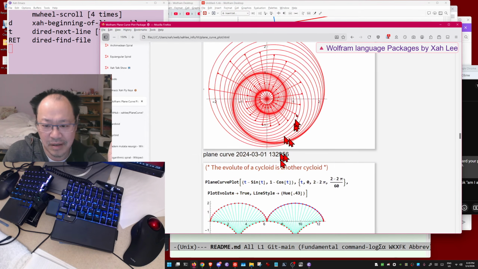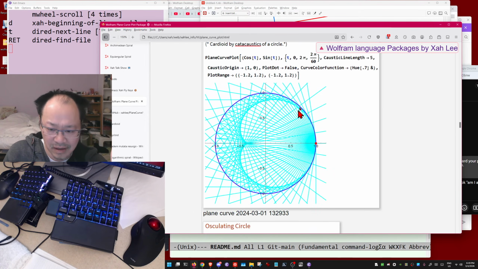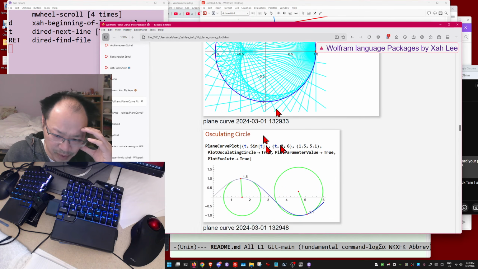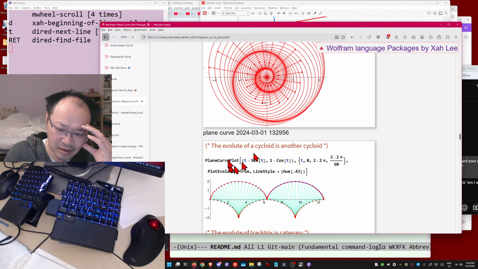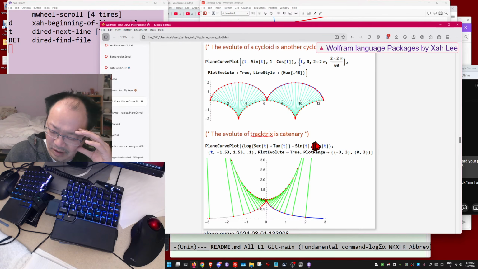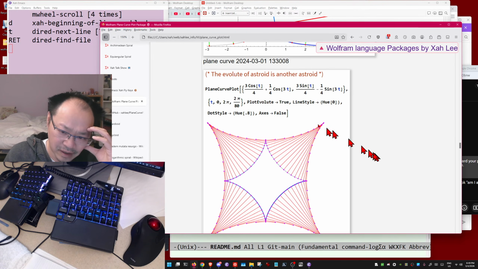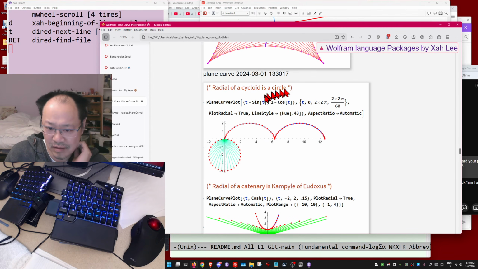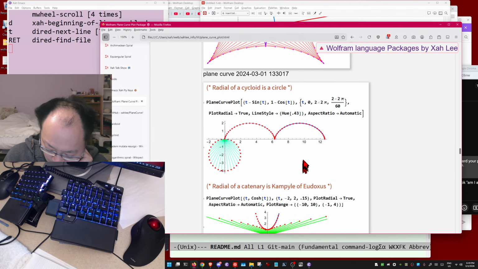Okay, so there's this caustics, optical properties. There are the kissing circles, which create the evolutes illustration. Then there's more. There's also radii, which is very much related to kissing circles.